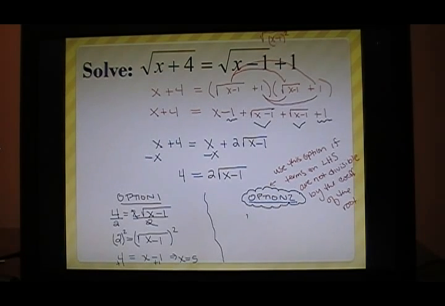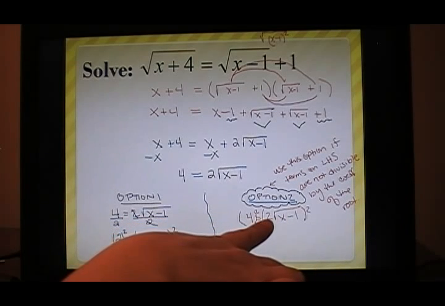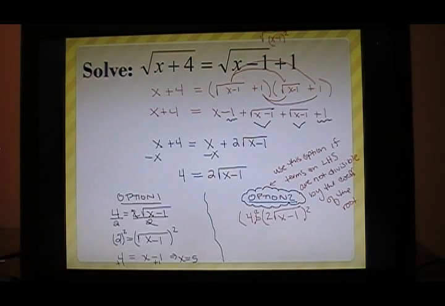So if we have 4 equals 2 root x minus 1, we can go ahead and just square both sides of the equation right now. When the only thing that's keeping our square root from being by itself is some coefficient out front, some multiplication, it is okay to go ahead and square.